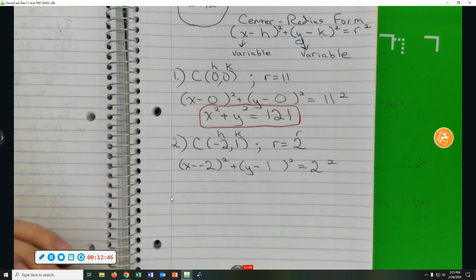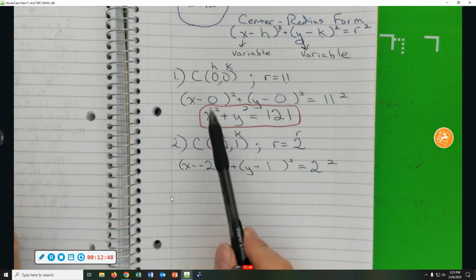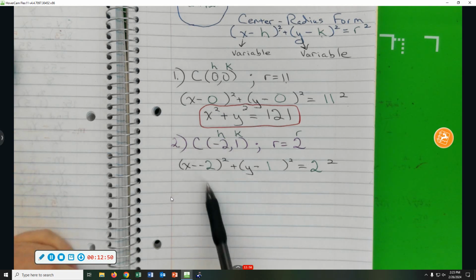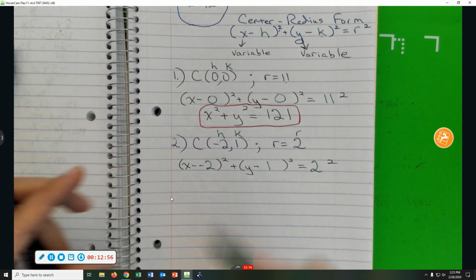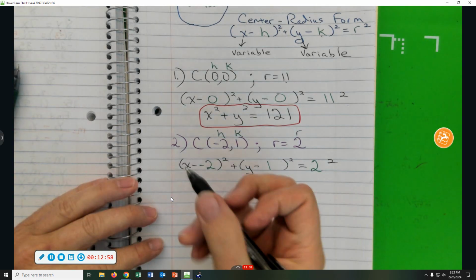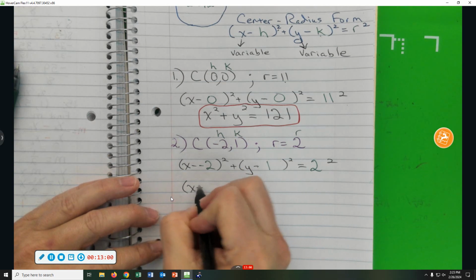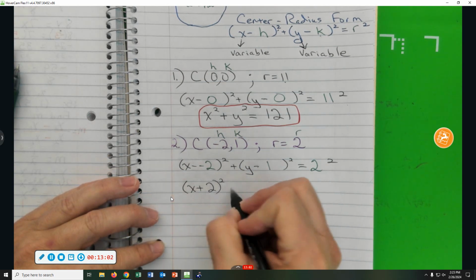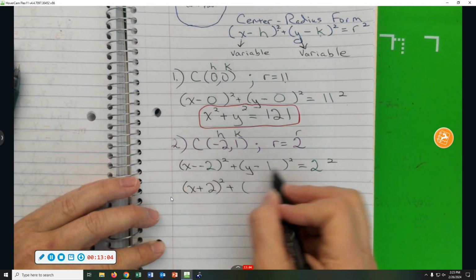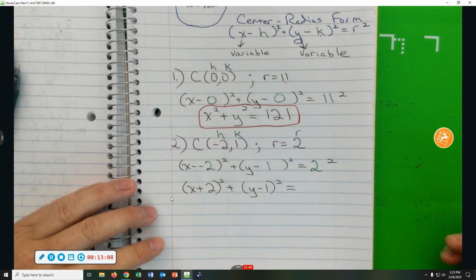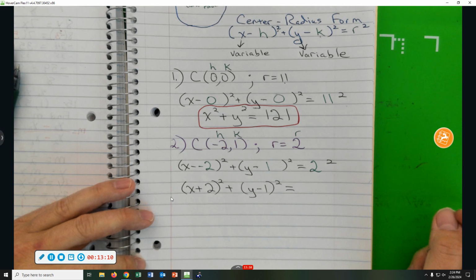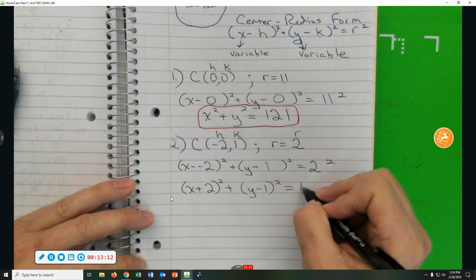Here, x minus 0 was an obvious simplification. There's something obvious here that we can do. X minus a negative, what does that become? A positive. So it's x plus 2 quantity squared plus y minus 1. I'll just leave that as y minus 1 squared. And on the right, what have I got? 2 squared is 4. I agree.